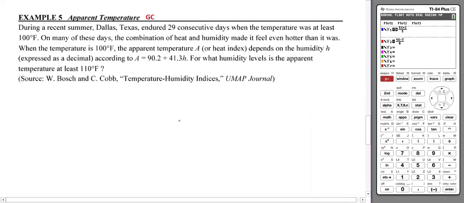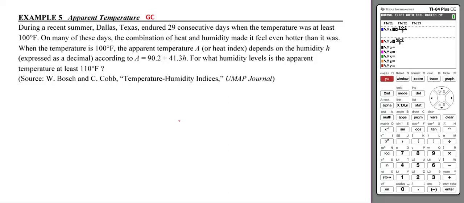In example 5, again, we're going to work with the graphing calculator. During a recent summer, Dallas, Texas endured 29 consecutive days when the temperature was at least 100 degrees Fahrenheit. On many of these days, the combination of heat and humidity made it feel even hotter than it was.